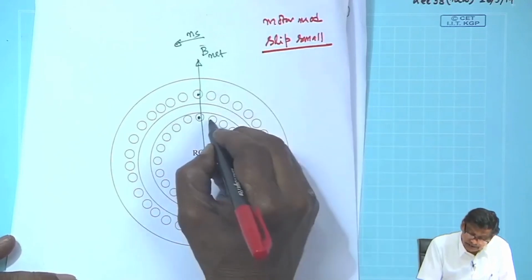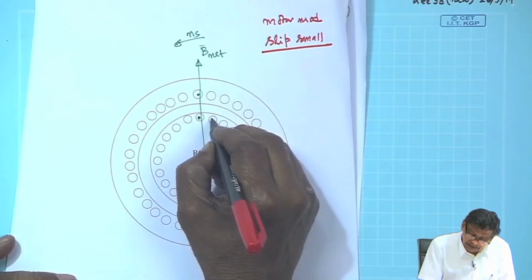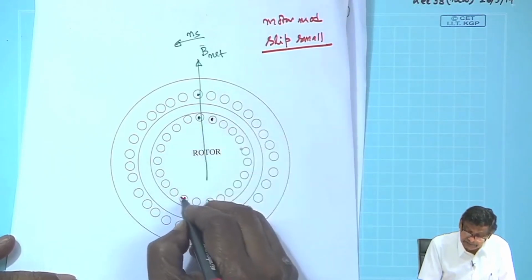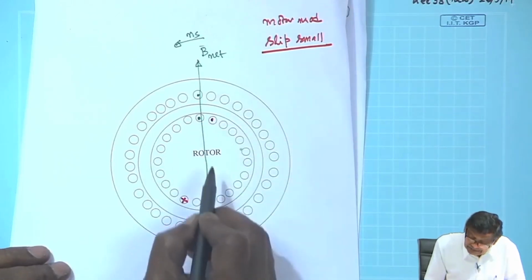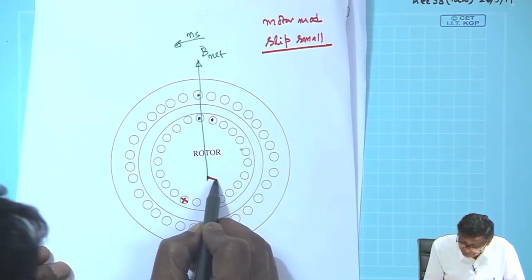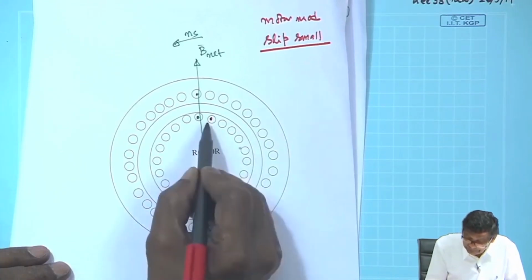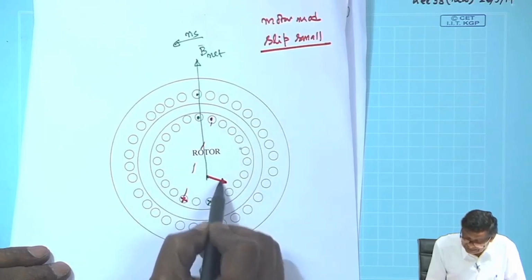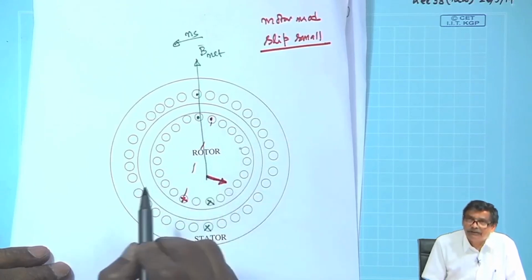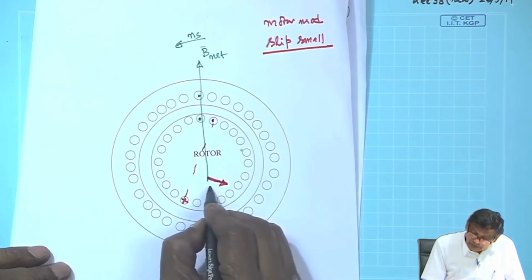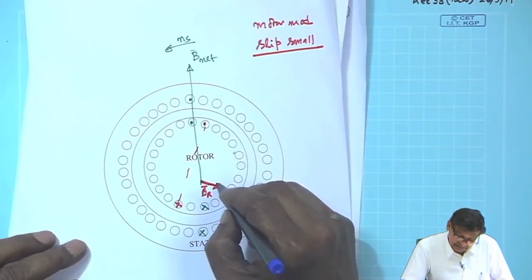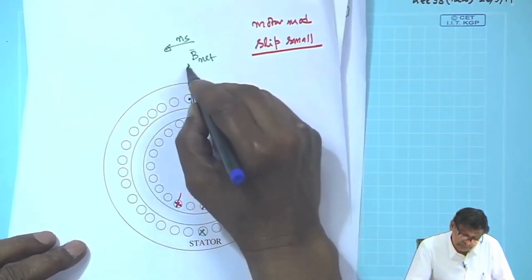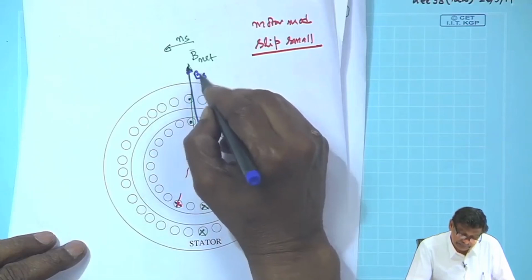Slip is small, therefore, rotor voltage may be here, induced current will be maximum here, and the strength of the rotor field will be perpendicular to this line, but this length will be very small, that is your BR, and then your BS will be like this. Got the point.